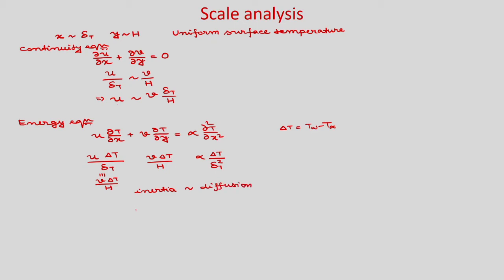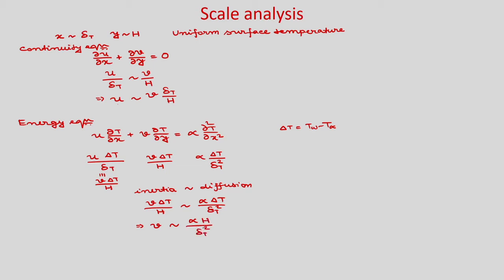So, if you do that, you will get v delta T by H will be order of alpha delta T by delta t square. So, from here you can see the scale of v. v scale will be alpha into H by delta t square.